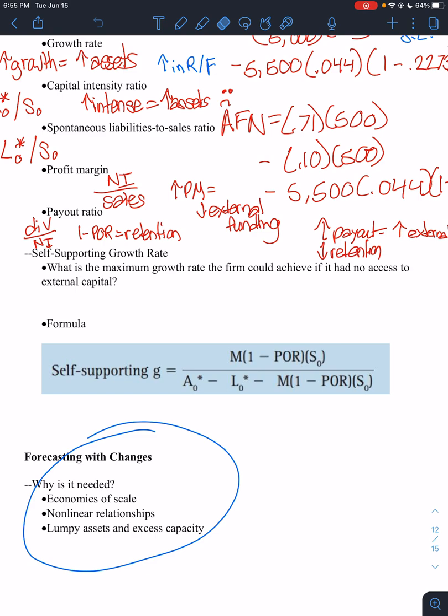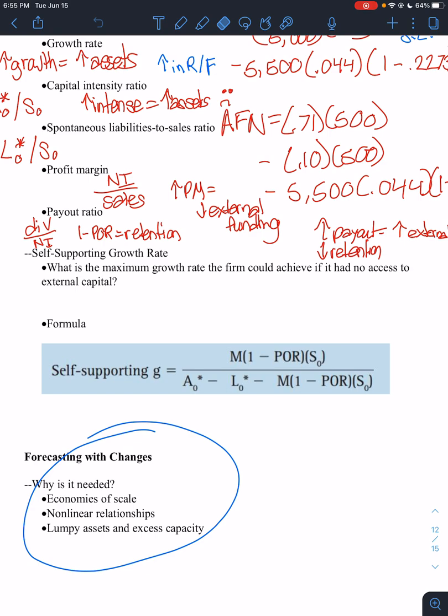So taking into account that a lot of firms deal with economies of scale, taking into account there may be non-linear relationships between our variables, and we've been assuming always linear relationships. That may not always be true. And then what we call lumpy assets, to where you can't just buy a portion of a factory, you gotta buy the whole factory. It's lumpy. But we've had enough for this chapter, I think, at this point.